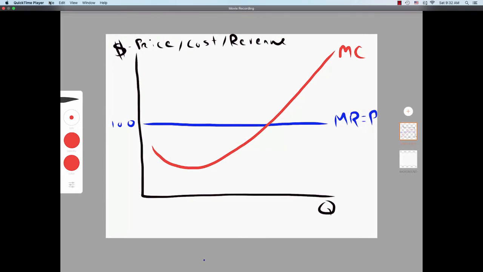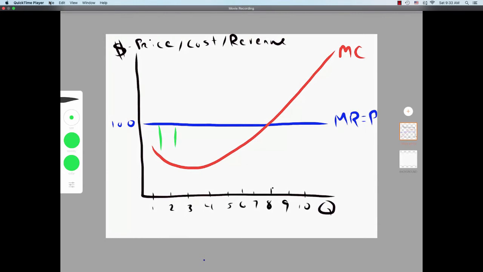For the firm interested in maximizing profits, at low outputs down here, so here's 1 and 2 and 3, as long as that marginal revenue curve is above the marginal cost curve, it makes sense for the firm to increase production.